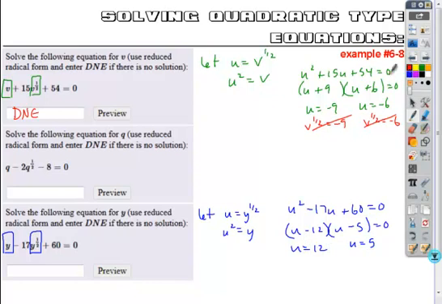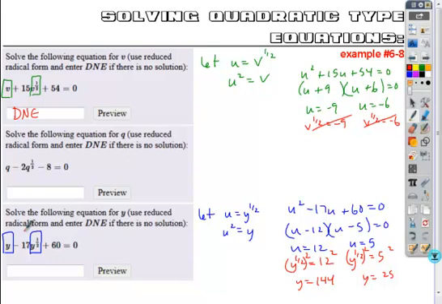When you back substitute, plug in y to the 1/2 for each of these u's, which is the square root of y. We can undo these by squaring both sides, and we get y is equal to 144 and y is equal to 25. You do want to double check these anytime you're working with radicals.